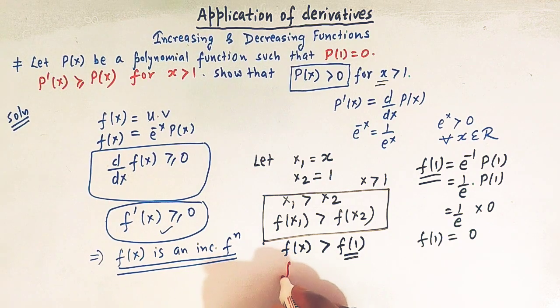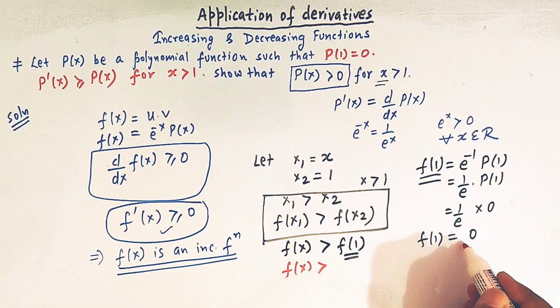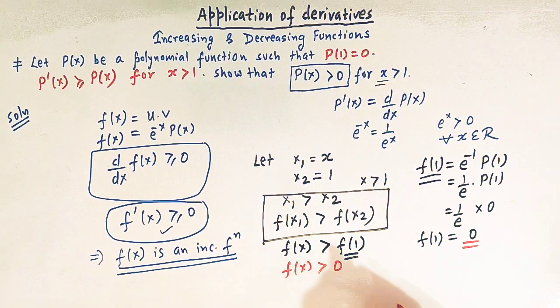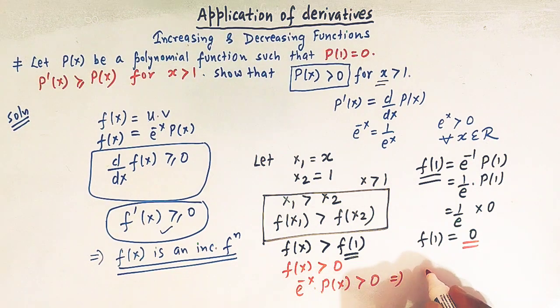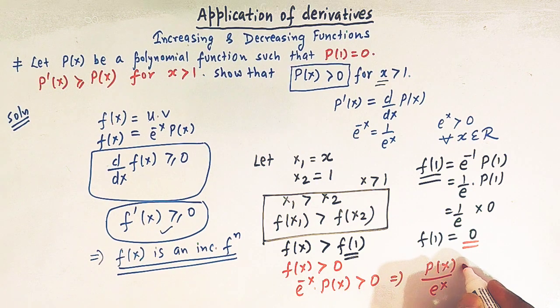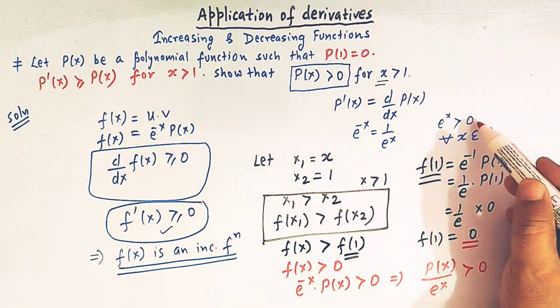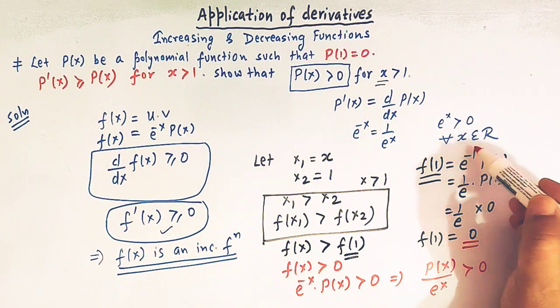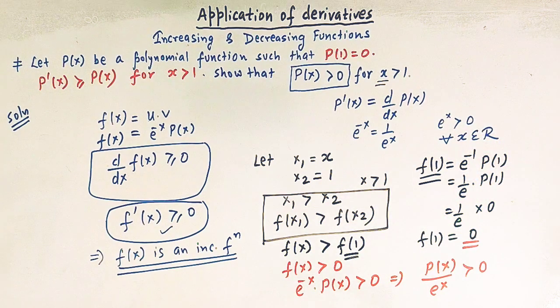So now we can write f of x is greater than f of 1, and f of 1 is equal to 0, right? Now f of x is e raised to minus x times p of x, which is greater than 0. So we can now write this inequality as p of x divided by e raised to x is greater than 0, and we know that e raised to x is always greater than 0 for all x belonging to the set of real numbers.